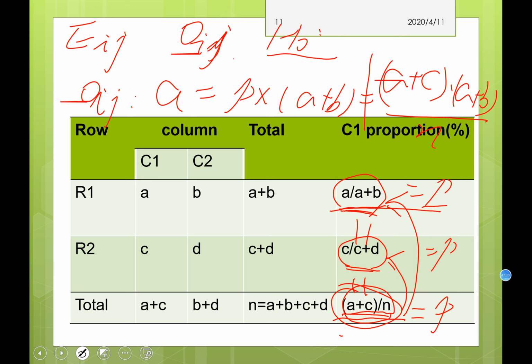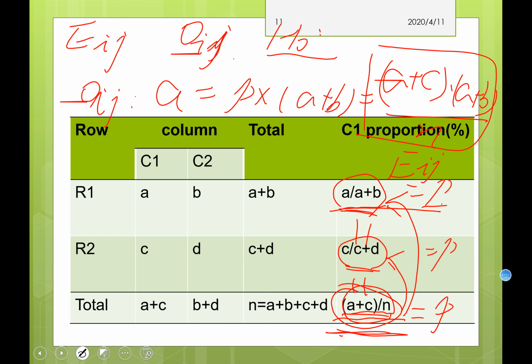And this number is what we call EIJ, the expected frequency, because it's based on P equal to A plus C divided by N, and this is based on H0 being true.